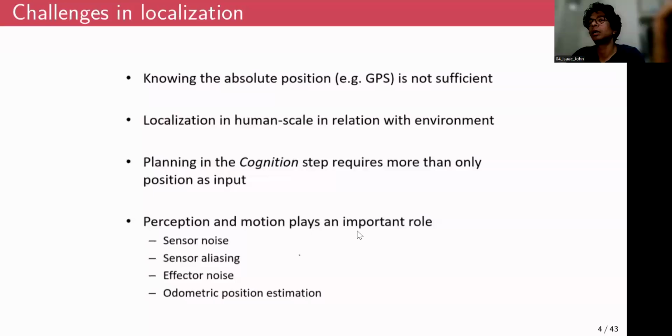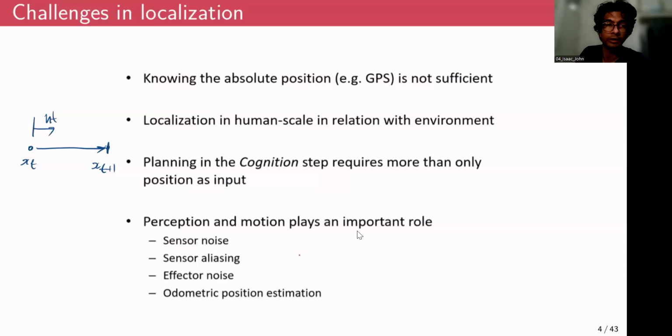You need to know about the uncertainty in that position estimate, because if you are purely using odometry, relying on encoders and heading sensors to estimate the new position, probably as x_t minus one, whatever you are estimating from the control input need not be accurate. There is an uncertainty associated with the estimated position, right?